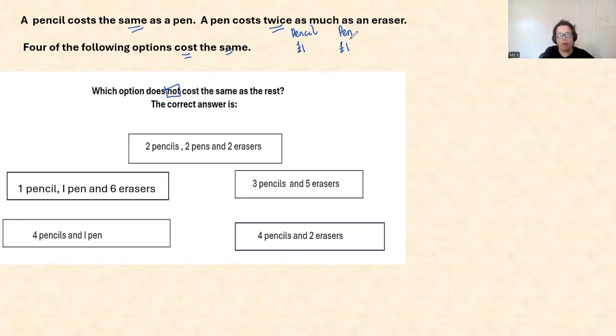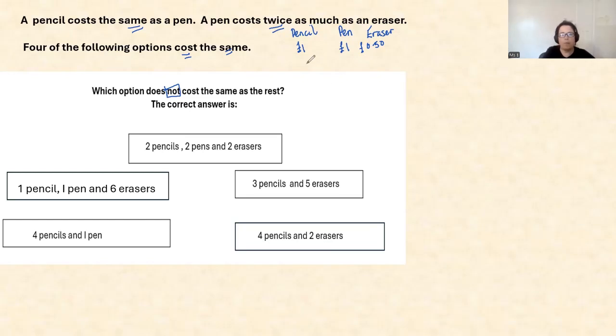If the pen costs twice as much as the eraser, so the pen is £1, then the eraser would be 50p.